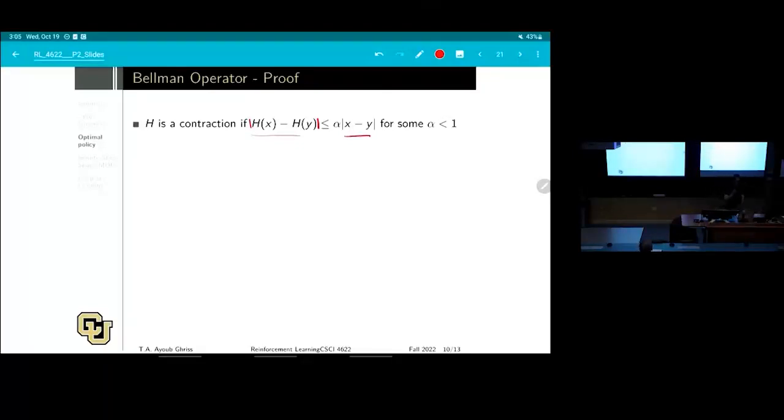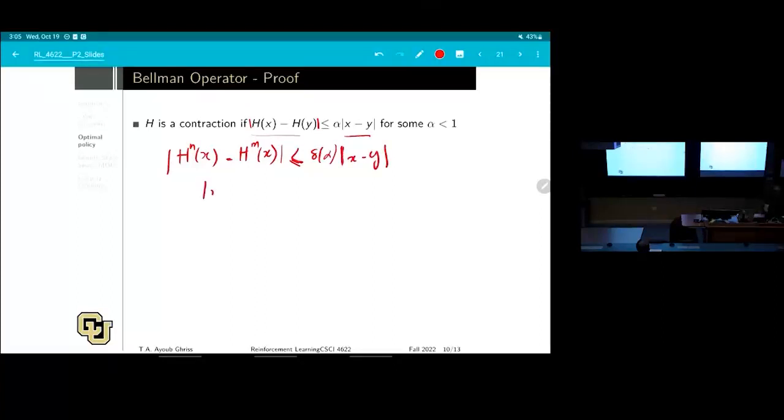So why do we like this? Well, one way is that I can show that H n of x, which is H applied n times to x, minus H m of x is going to be lower than some function of alpha, I'm going to call it delta of alpha, times x minus y.